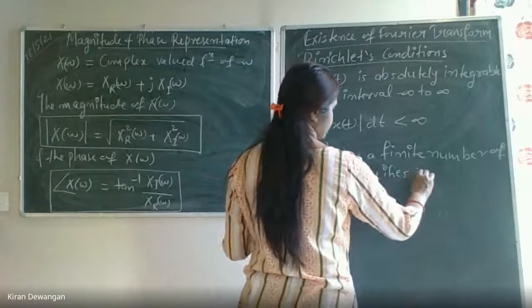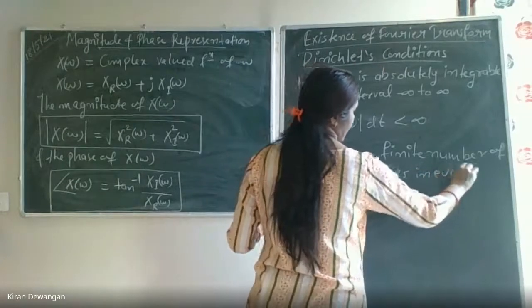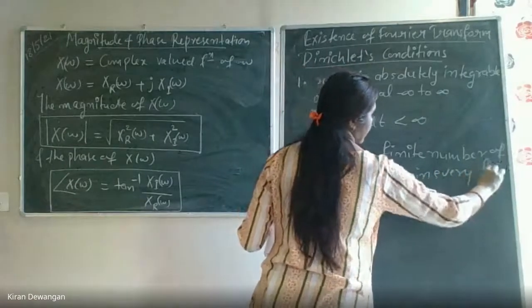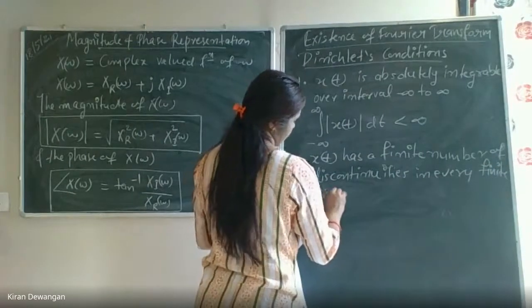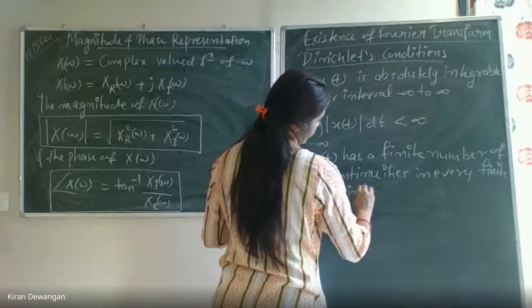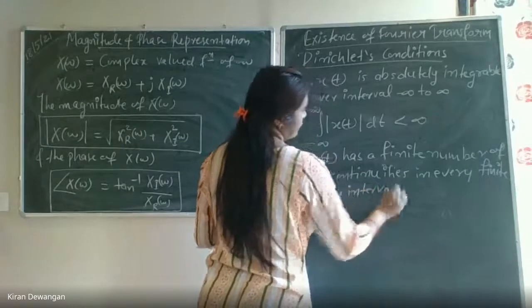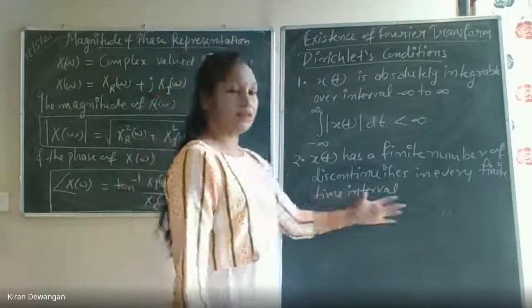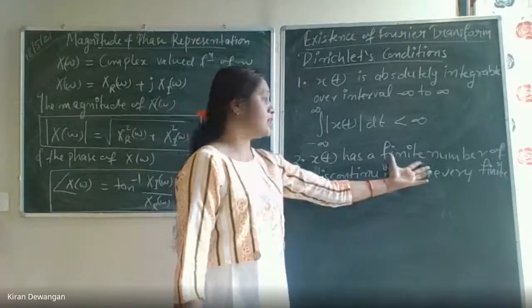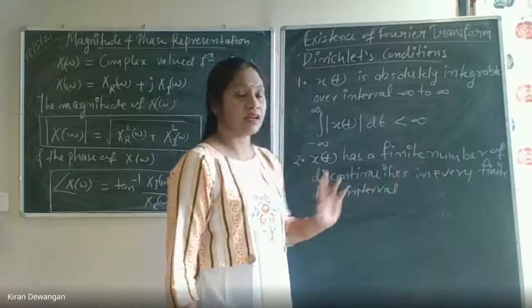That means if you take a particular finite duration of time, then for that finite duration there must be a finite number of discontinuities.